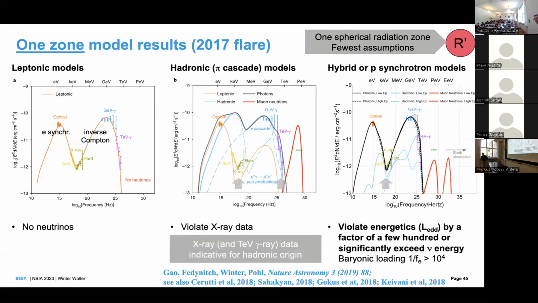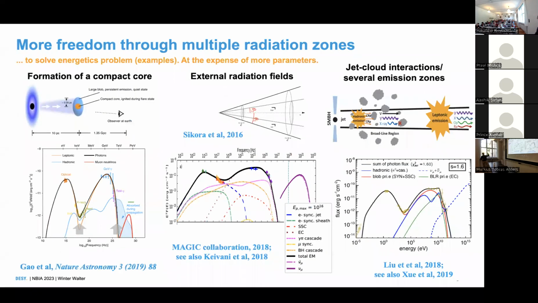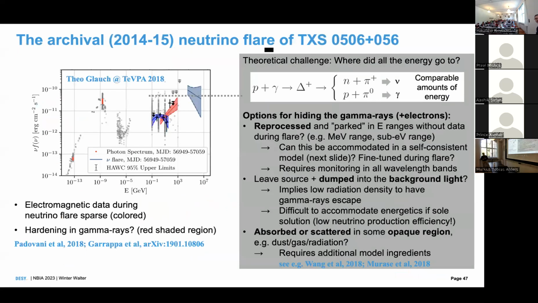So very high, because you need this very high energy output in neutrinos, which I showed you earlier. I don't want to go into further details, but people were playing with that in all different ways. You could have external radiation fields or compact cores or additional clouds to circumvent these energetic constraints, but that only makes the models more complicated.